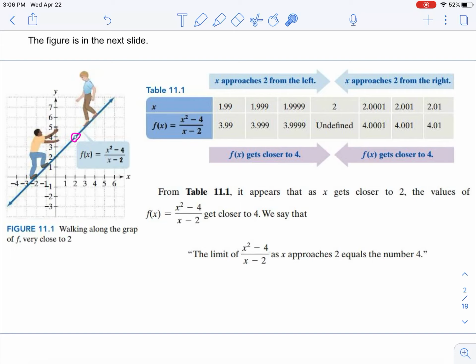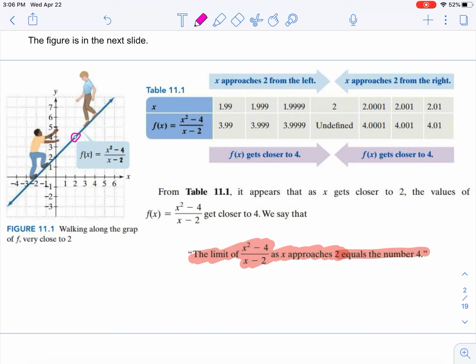So when we're looking at this, our limit as x approaches 2, this is the idea, our limit of this entire function as x approaches 2 is equal to 4, okay? The limit is equal to 4.